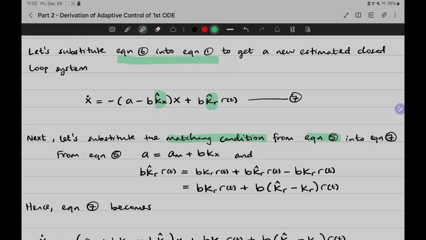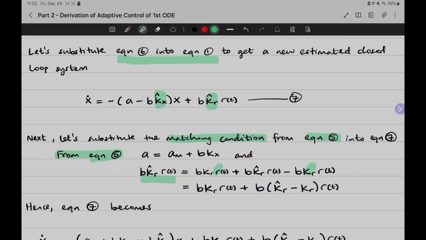Again, from equation 5, this is nothing new, this is something we've already derived earlier. You basically just rearrange things, and then you can also represent BKR RT in this form, right? This is exactly the same thing, because these two terms cancel out and you still get the same thing.